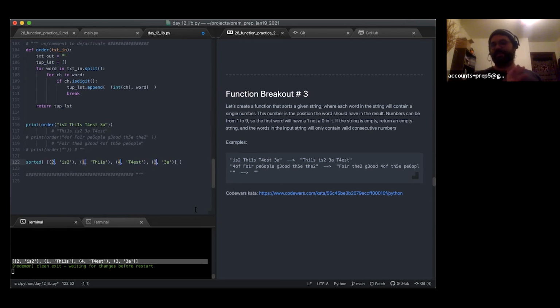It doesn't take into consideration any of the other elements, but it does sort the whole tuple, right? So it'll see this tuple that starts with a 1, and that's the lowest element. So it'll put this whole tuple, including this part, in the front, right? So it'll move this into the front.